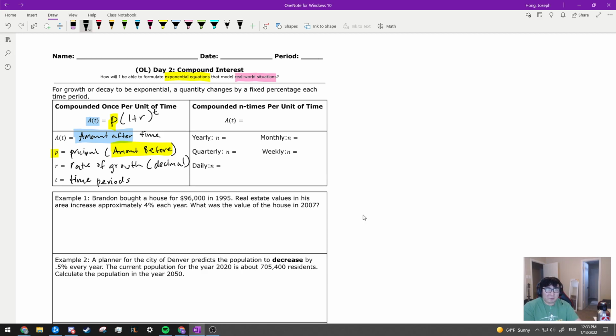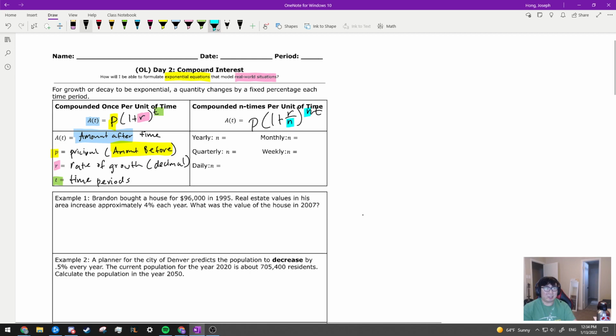I'm going to give you this other equation nicely and neatly. So this is A times, or sorry, P times 1 plus R over N to the power of NT. The only difference between this equation, compounding once per time, and compounding n times per time, is the n.